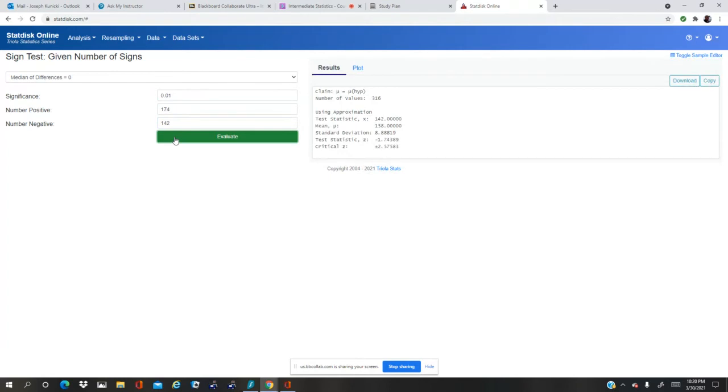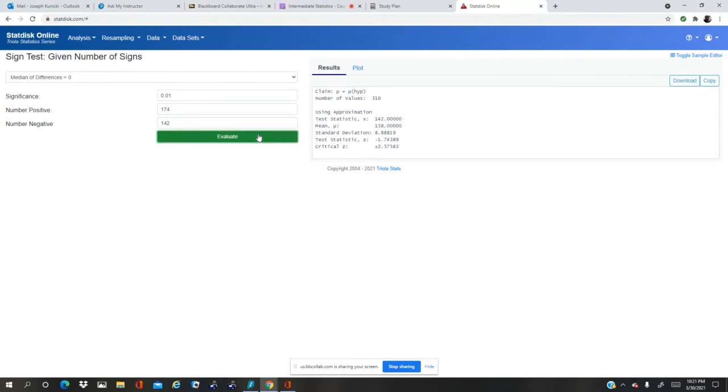So the test statistic is minus 1.74389. We'll round that accordingly. Critical Z's, if they ask, plus or minus 2.57583. And the test statistic X is 142 if they ask that.